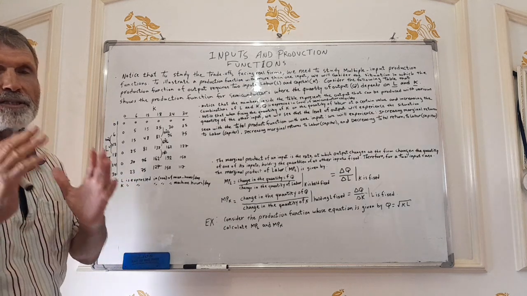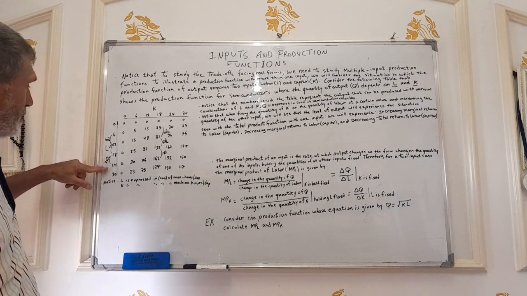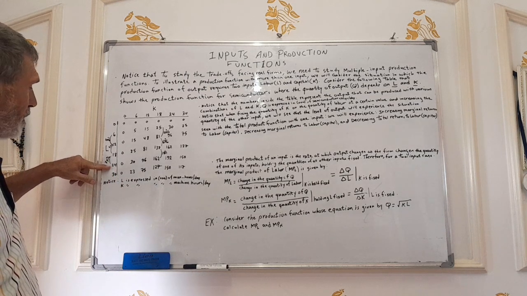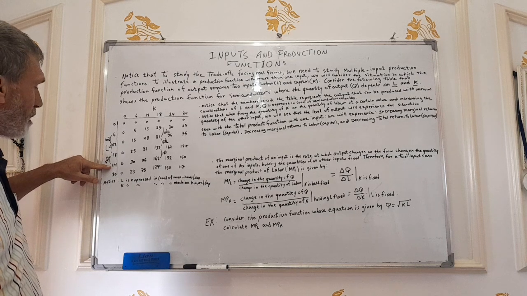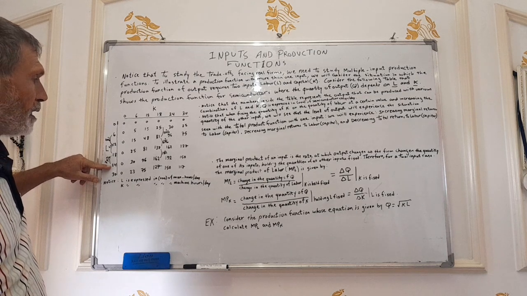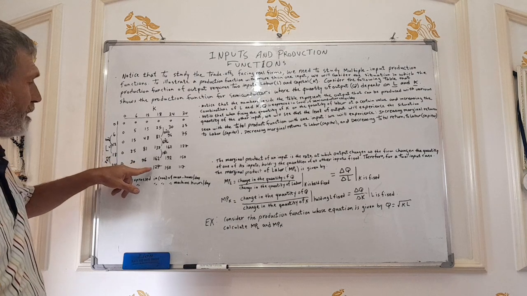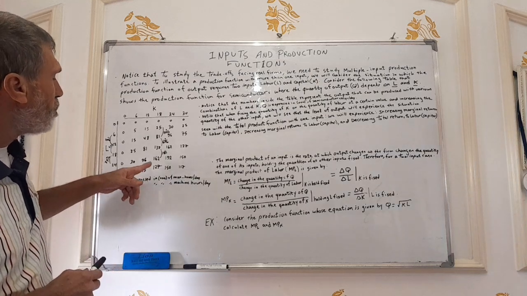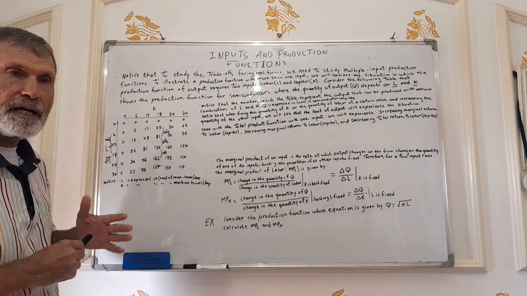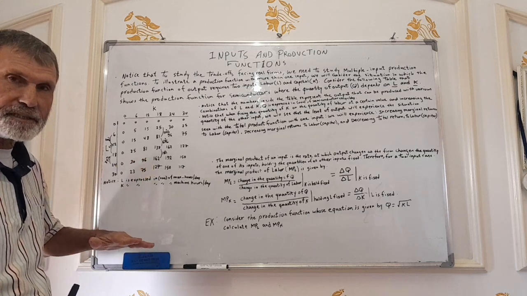Now, beyond 24,000 man hours of labor, we have a region called decreasing total returns to labor. As you can see, the amount of output decreases.